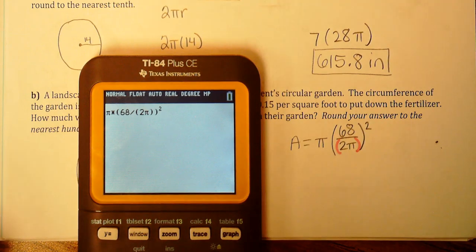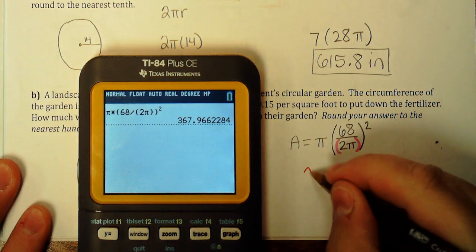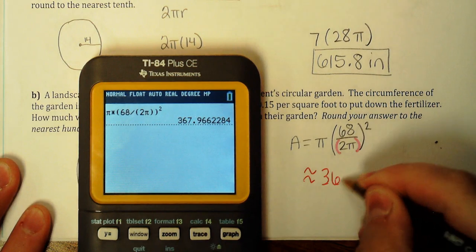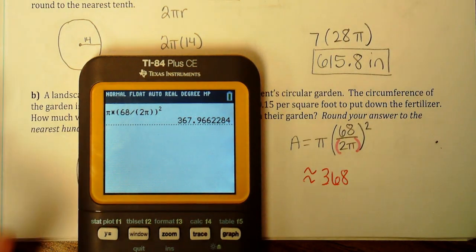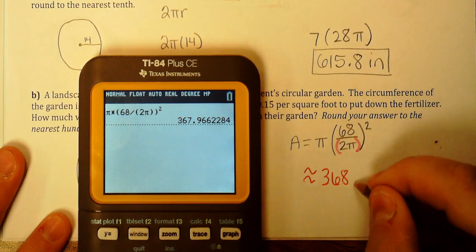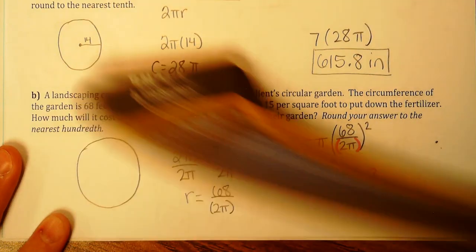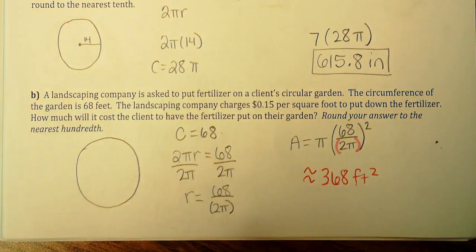That's going to get squared. Okay, so there's my area. That number is 367, actually, that would probably round up, so let's say this is 368 to the nearest tenth. That's accurate. Square feet. Now, that's the area of the garden.